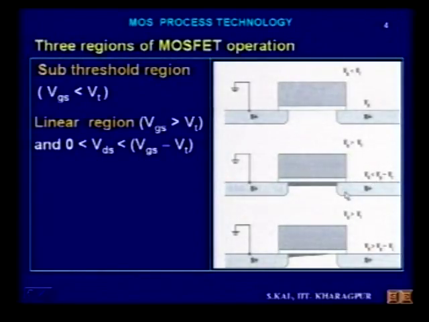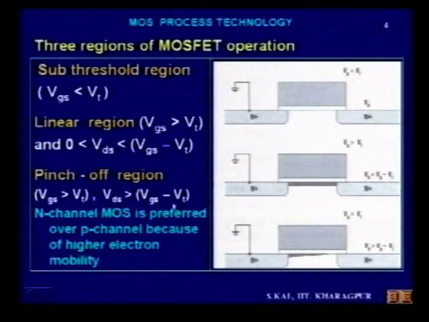If you apply a drain source voltage greater than 0 volt but less than VGS minus Vt, then you will get the linear region. So the linear region is defined by this condition: VGS is greater than Vt, and VDS is greater than 0 but less than VGS minus Vt. So the second picture here is the linear region.